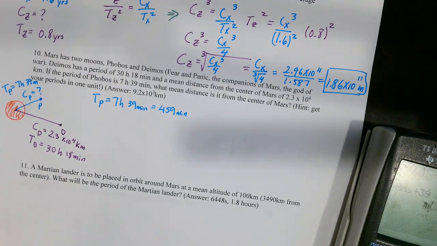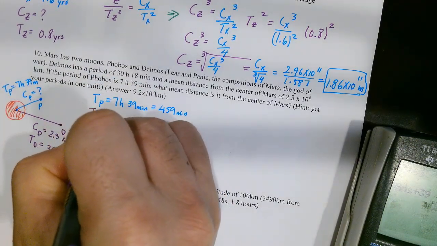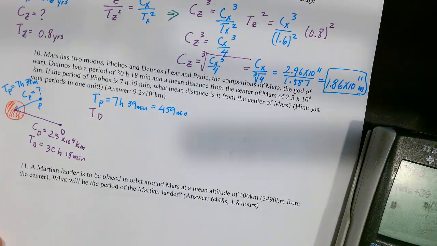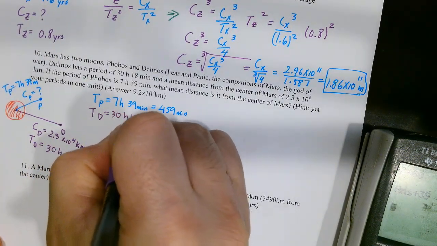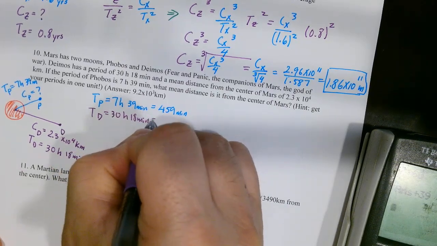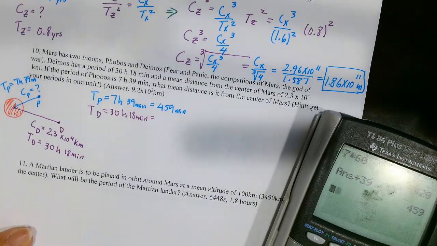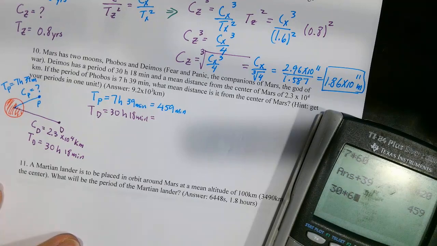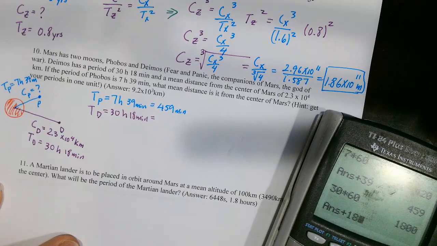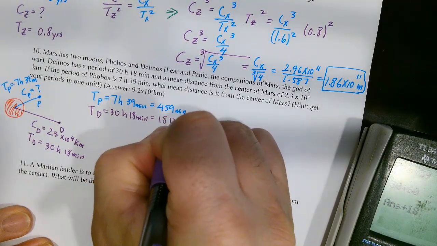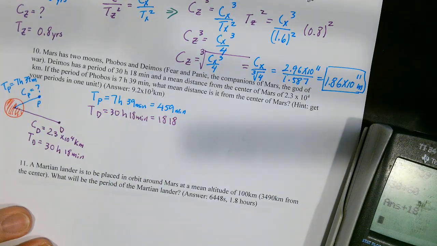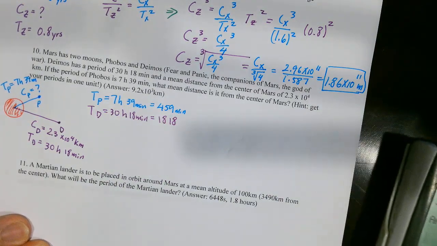Oops, that's the wrong color. Period of Deimos happens to be 30 hours and 18 minutes, and that is 30 times 60 plus 18. So I got 1818. All right.